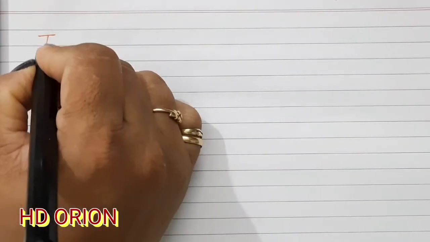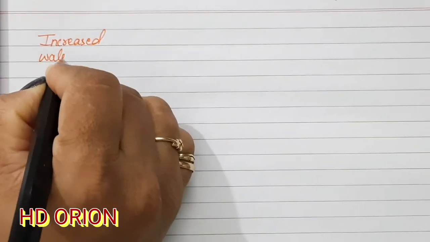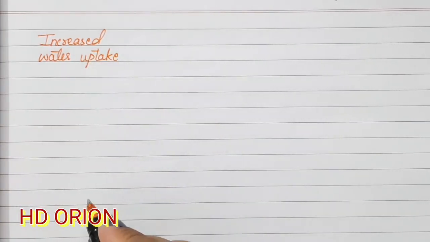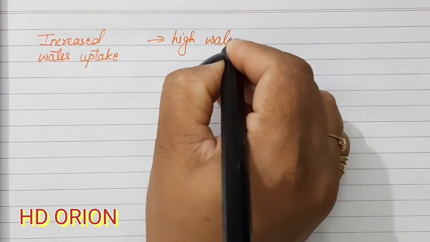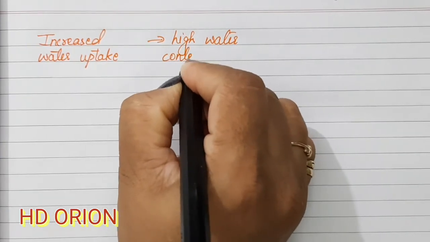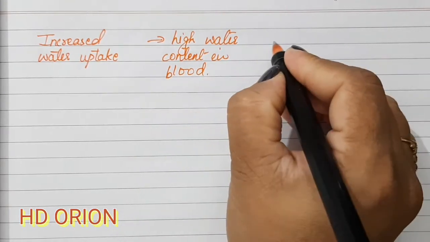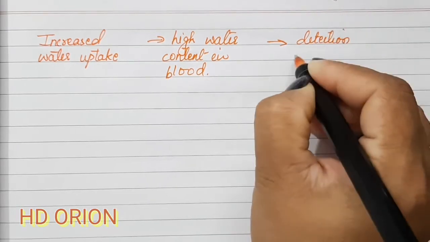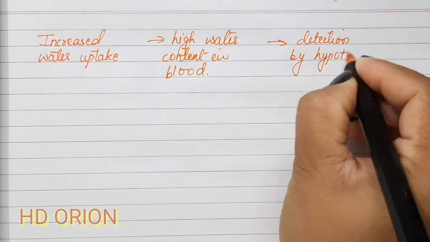Now let us see the other aspect. When there is increased water uptake, when the person has drunk enough water, so there is high water content in blood, and there is a detection by the osmoreceptors of hypothalamus.